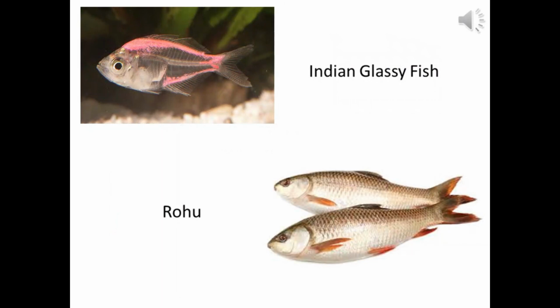The next is the Indian glassy fish. Parambassis ranga, commonly known as the Indian glassy fish, Indian glassy perch or Indian X-ray fish, is a species of freshwater fish in the Asiatic glassfish family, Ambassidae, of order Perciformes.